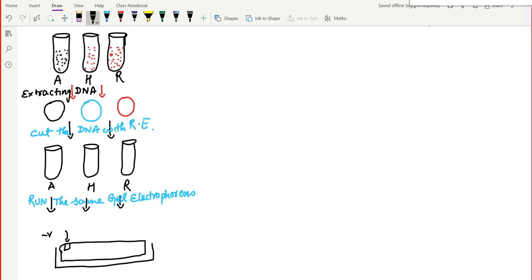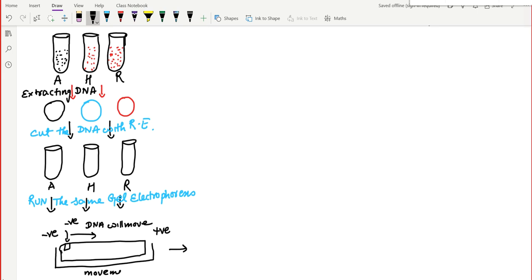This side you give a negative charge and this side you give a positive charge. Why? Because DNA is negatively charged. Now when you provide this charge, what will happen? DNA will move, because from this side you are getting a repelling force and this side you are getting an attractive force. Now the movement is on the basis of molecular weight.